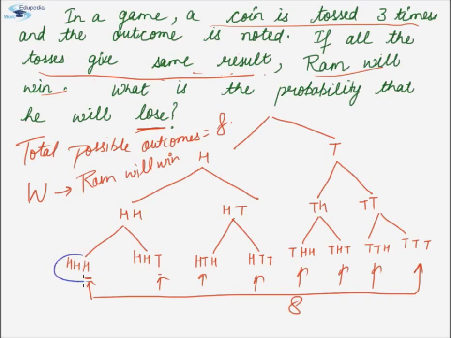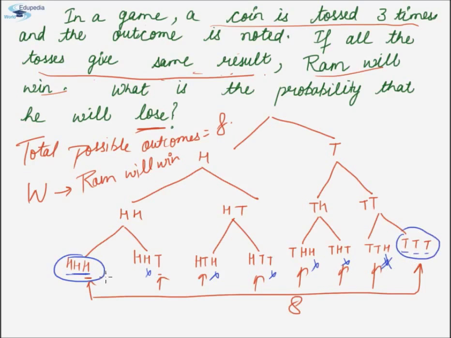Now this is the case when we are having the same value on all the tosses. Here it is a different value, here also it is different value, here again different value, here also it is different value, but here we are having the same values on all the 3 tosses.